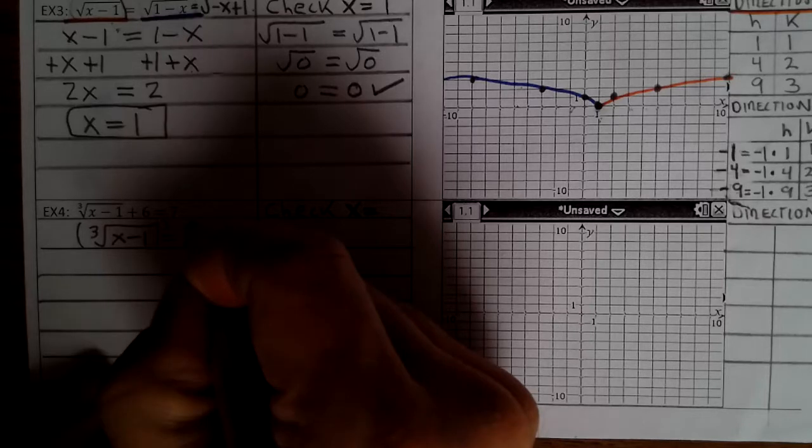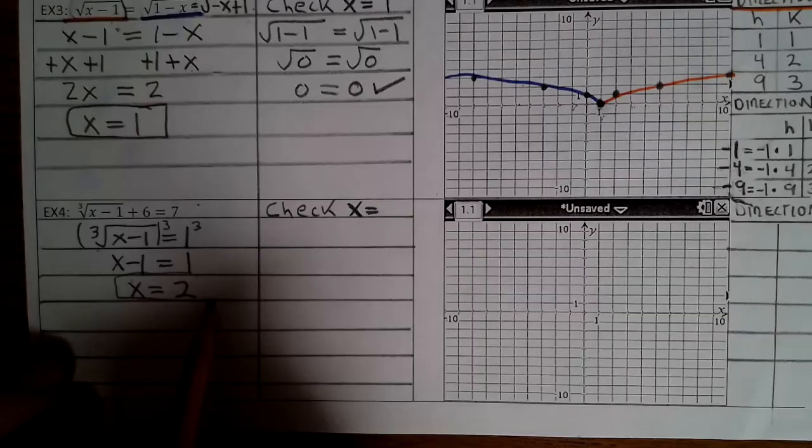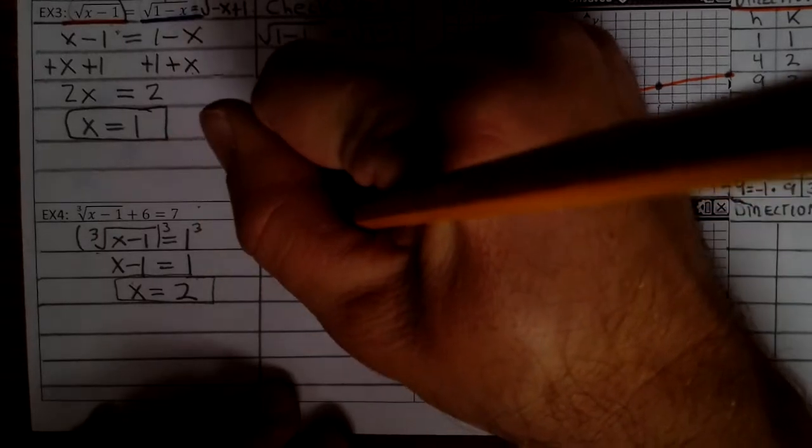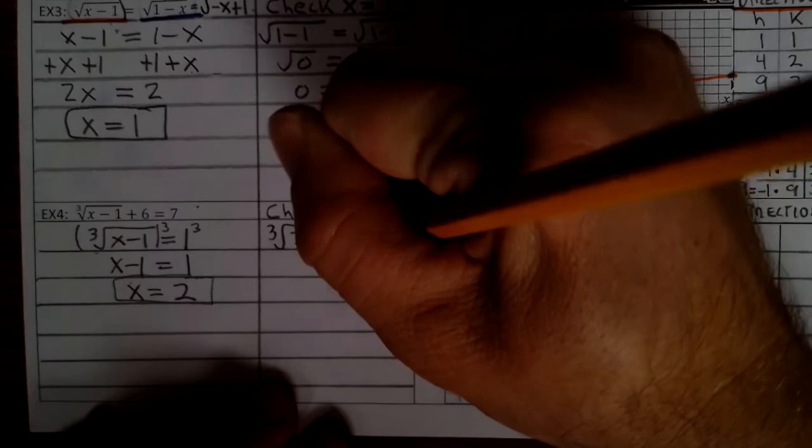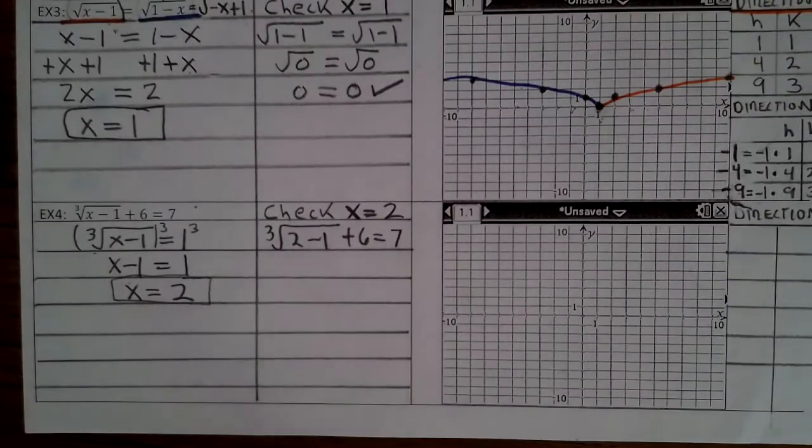So now let's check, x equals 2. Okay, so then that's the cube root of 2 minus 1 plus 6 equals 7. Okay, so then you're left with the cube root of 1 plus 6 equals 7. Well, 1 plus 6 is 7, so 7 equals 7, so this checks.